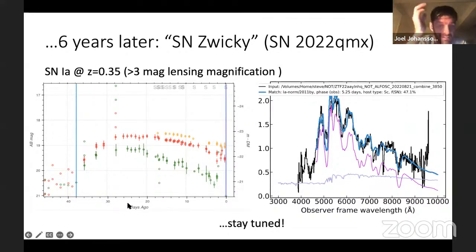So in principle, just from this figure, you can read off the total magnification straight away, which is the other nicety with lensed Ias, that you can break the magnification degeneracy of the lens.